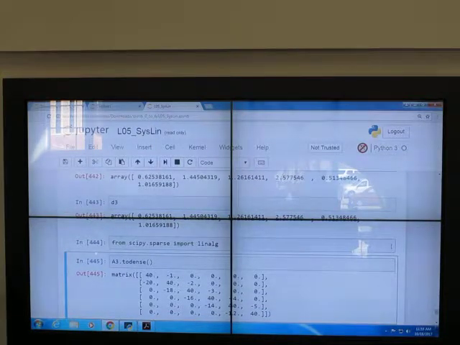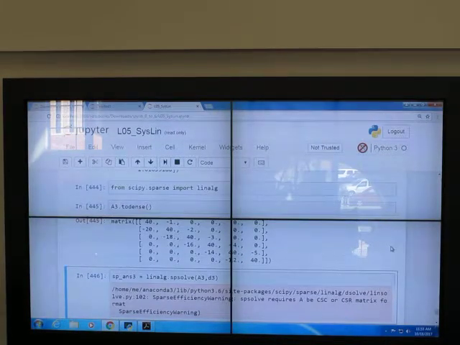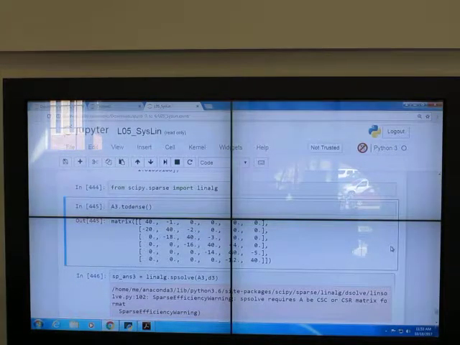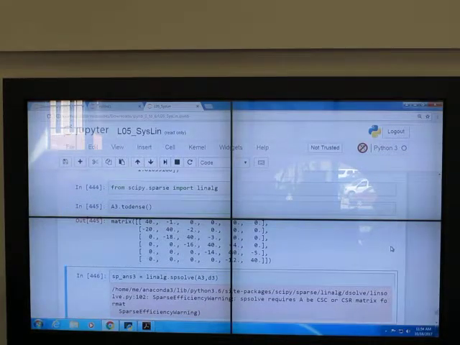It just says sparse matrix blah blah, and you don't know what it looks like. So if you do .toDense, it shows the full form in the normal form. So that is the A3 matrix. It has 40 in the middle, minus 1, minus 2, minus 3, minus 4, minus 5 on the top, and minus 20, minus 18, minus 16, minus 14, minus 12 at the bottom.